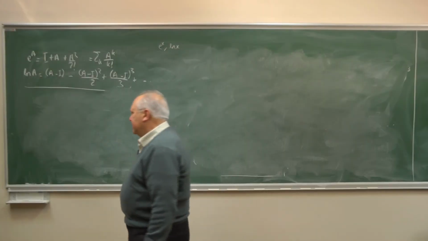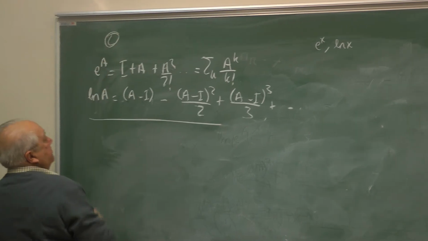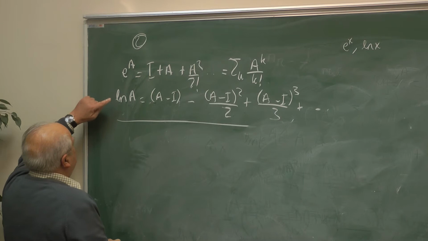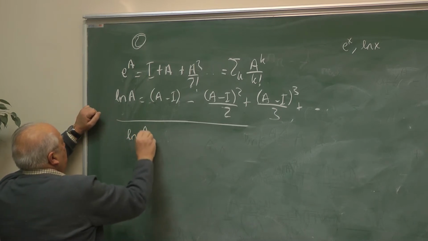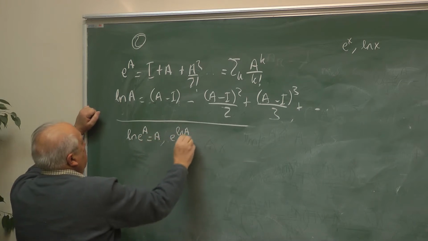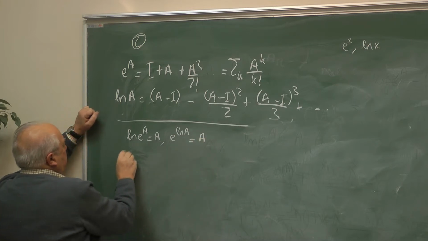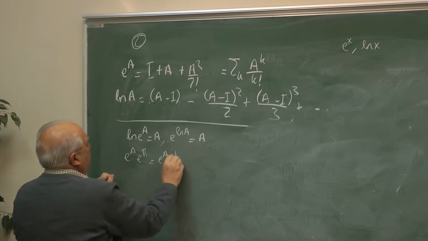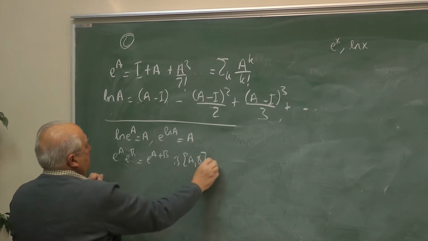All right, let me just summarize. This is part 2 of simple matrix functions. We introduced exponential of A, logarithm of A, and we have shown log e to the A is A, and e to the log A is equal to A, and e to the A e to the B is equal to e to the A plus B if AB is equal to 0.